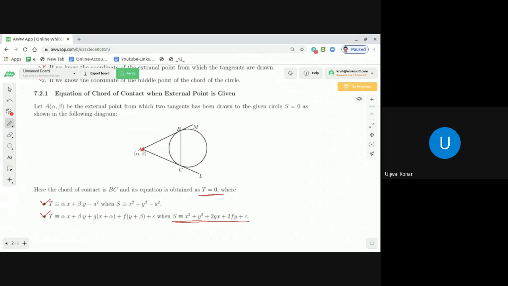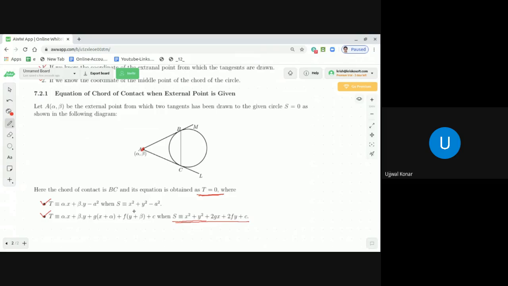It is just to memorize the technique of finding that equation. That is why we use the term T = 0. T stands for tangent, but there is no concept of a tangent at the point (alpha, beta) on the circle, because the point is outside. But just to memorize, this is the technique.